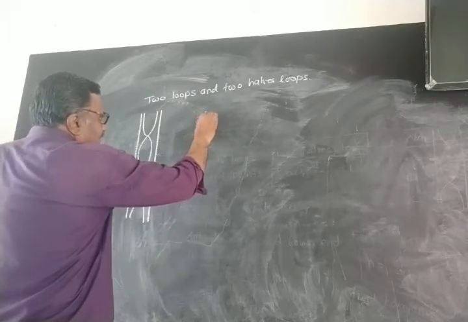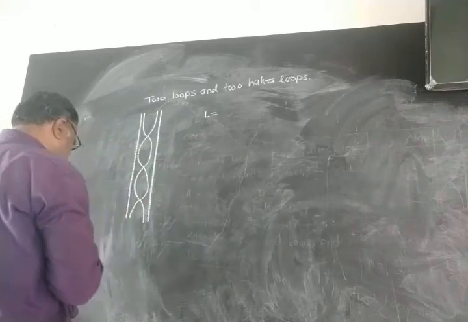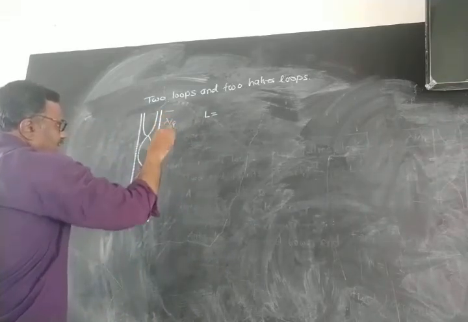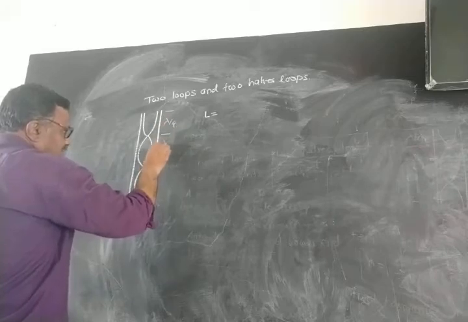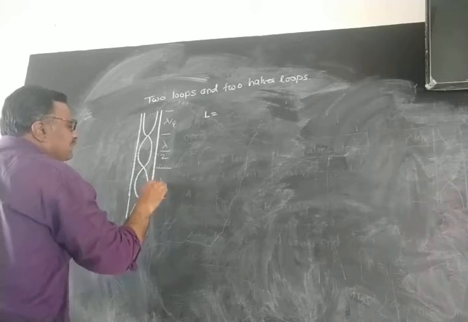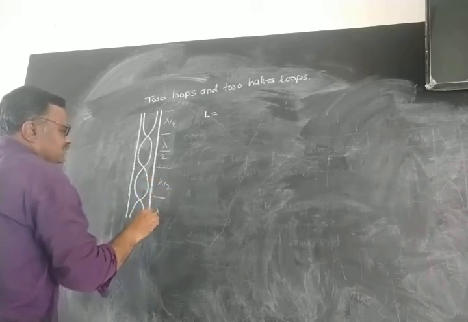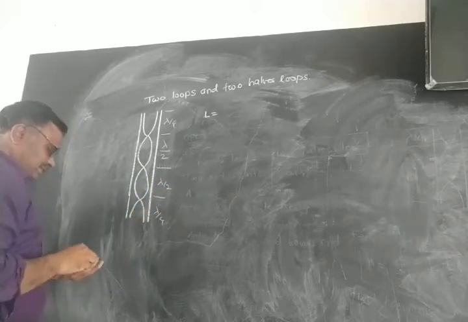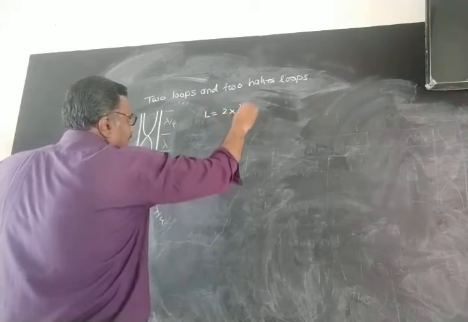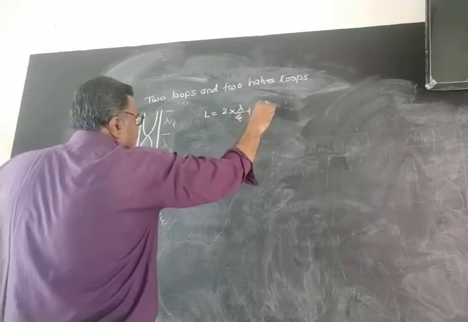An antinode is obtained at the upper end as well as at the lower end. Therefore, the length of the air column can be written as lambda by 4 plus lambda by 2 plus lambda by 2 plus lambda by 4. Therefore, we get 2 times lambda by 4 plus 2 times lambda by 2.